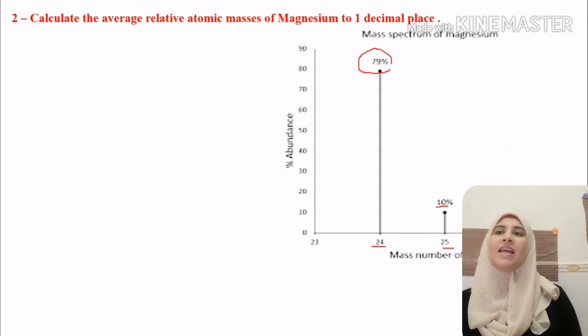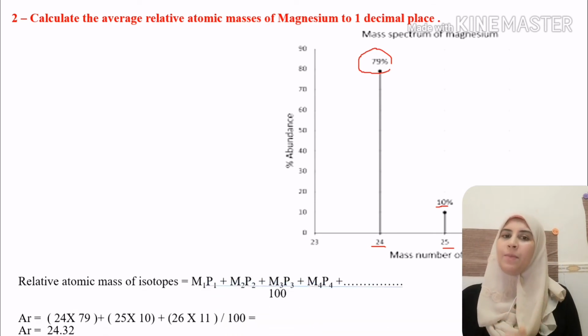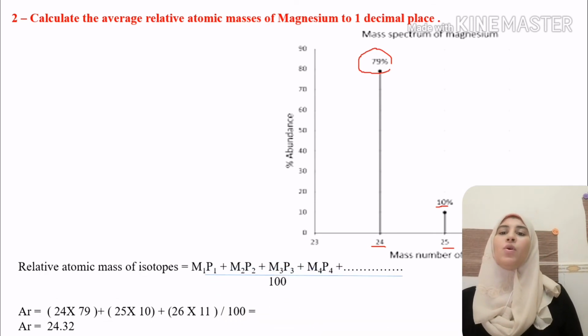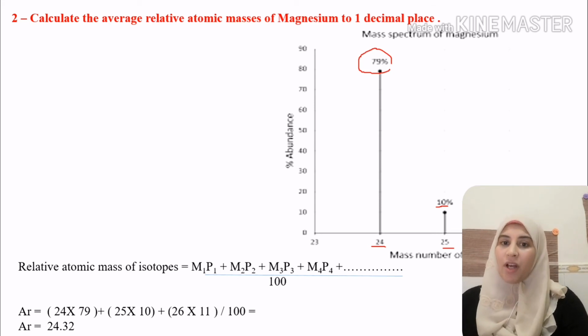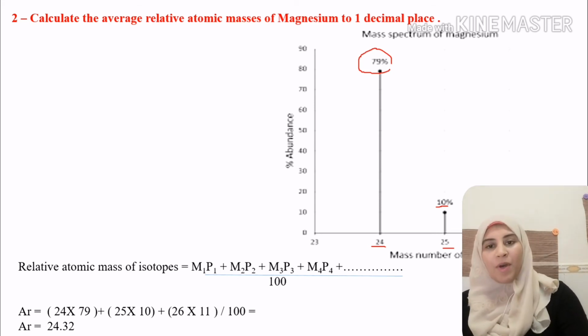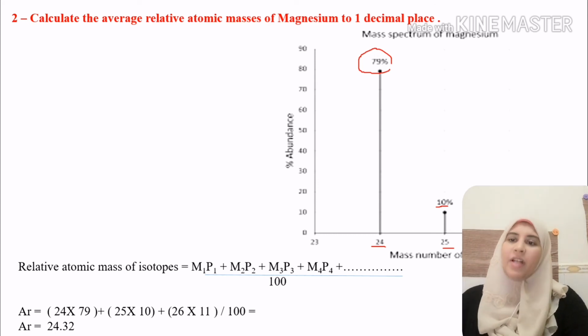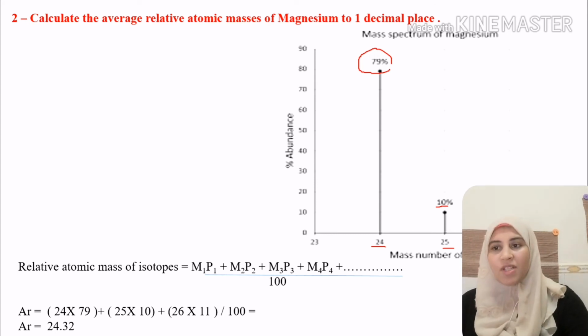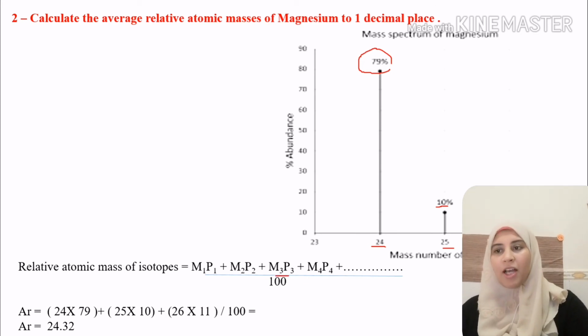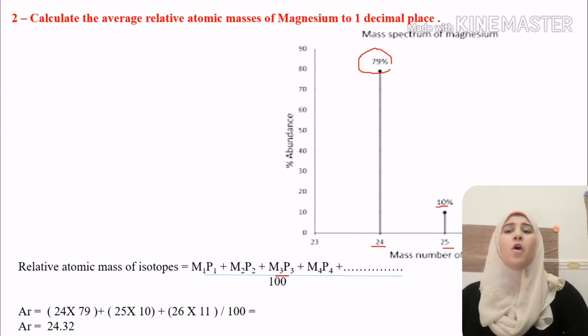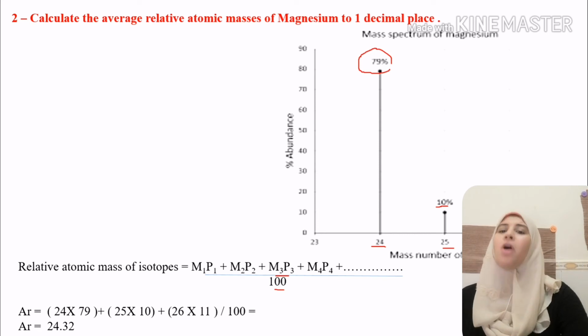So calculate the average relative atomic mass of our magnesium element to 1 decimal place. To write the calculation, at first the atomic mass of the first isotope times its abundance, plus the atomic mass of the second isotope times its abundance, plus the atomic mass of the third isotope times its abundance, all of these divided by 100.